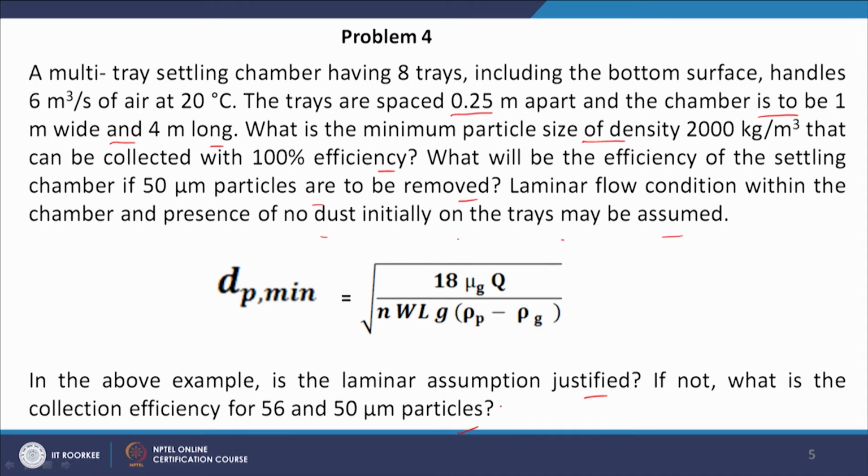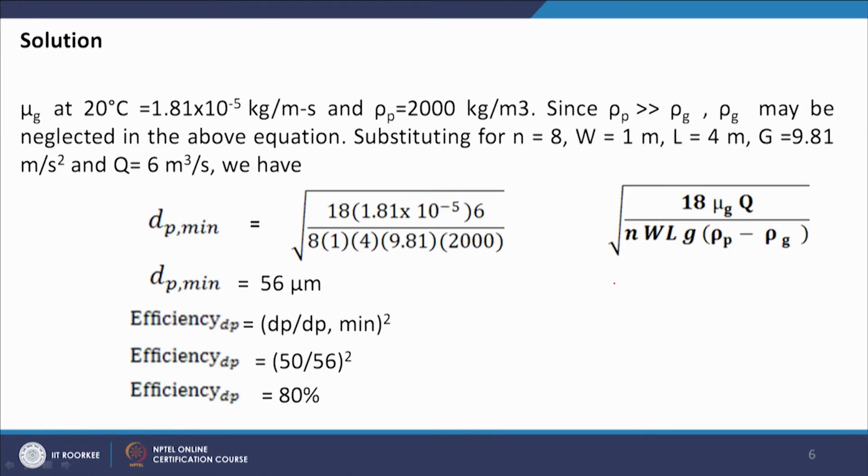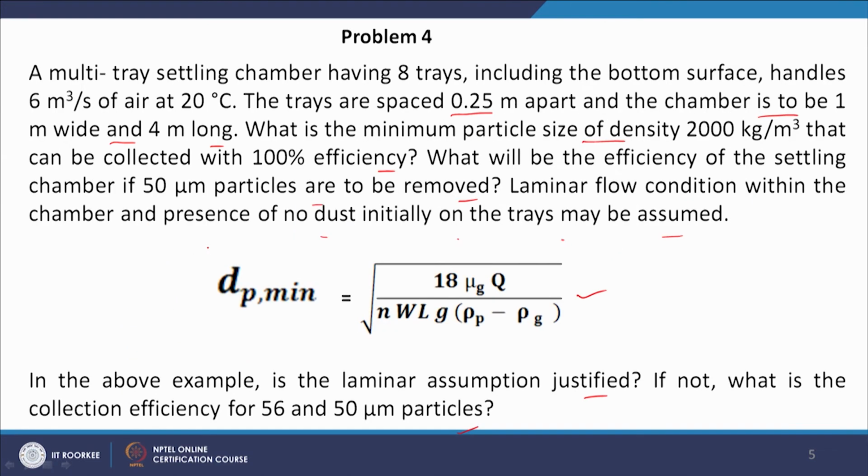So, this expression, which we have written here for dp minimum, is for laminar flow regime, and to get the solution we need the values of all these parameters which are given in the statement.